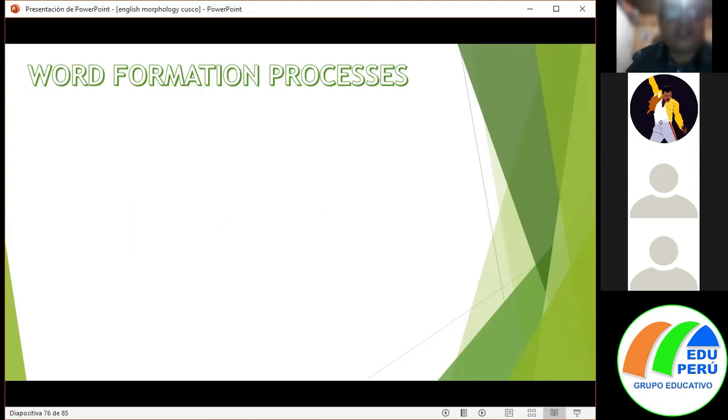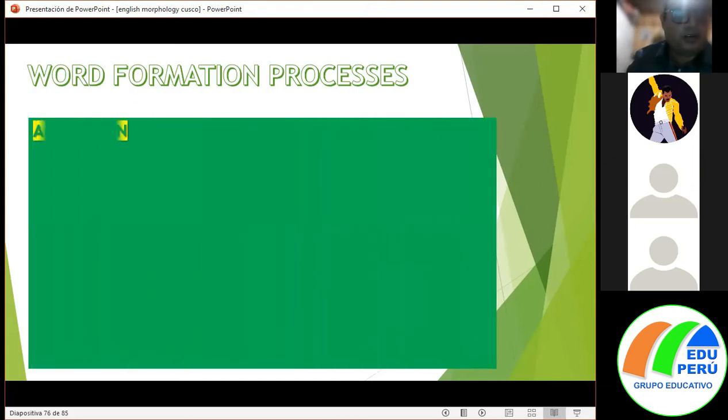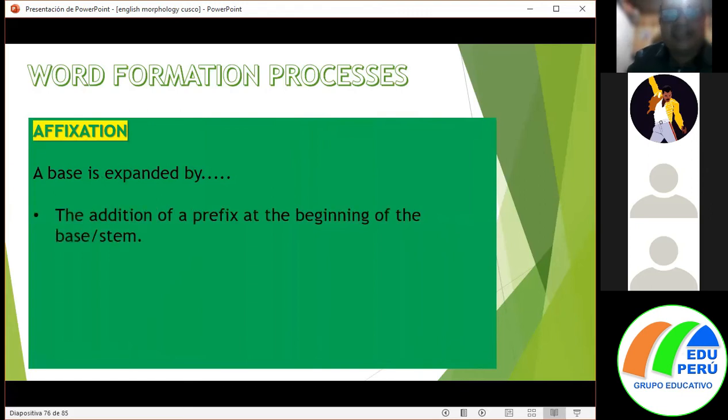So let's see what the processes are. As I told you before, affixation is one of the processes that we use to create words. A base is expanded by the addition of a prefix at the beginning of the base or stem. Now remember, stem is referring to the base word.